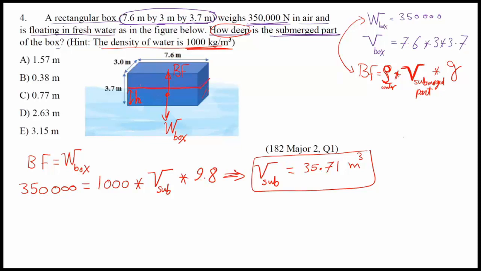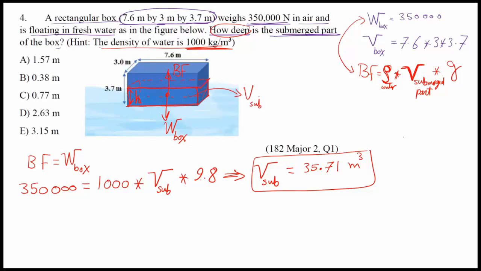This submerged part has the shape of what? A rectangle. So it's like a cuboid. So its volume is what?